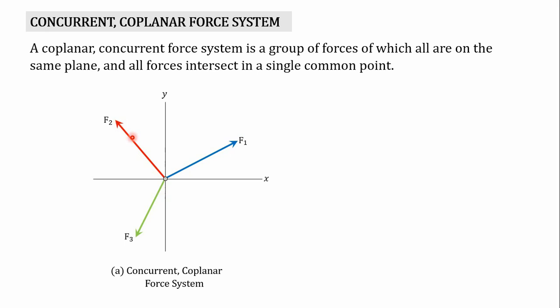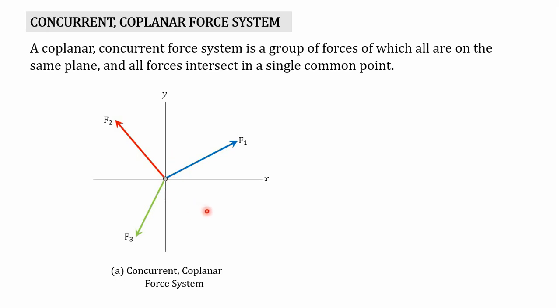So we have three forces on the same plane, we're in x and y axis lang siya. Three forces are in the same plane, so this is coplanar. Since all forces intersect in a single common point, therefore this force system is what we call a coplanar concurrent force system.